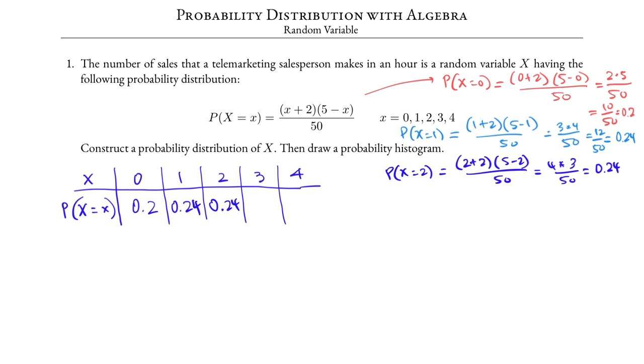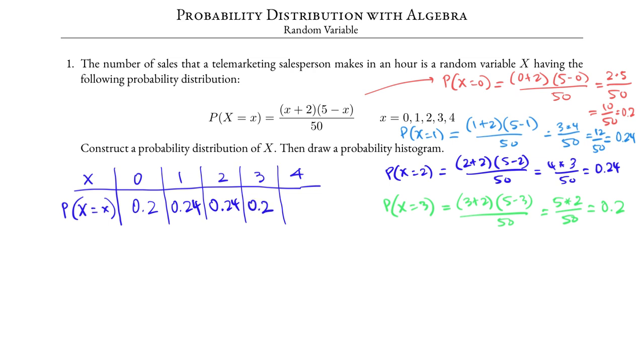0.24. When x equals 3, we have P of x equals 3 equals 3 plus 2 times 5 minus 3 over 50, because we replace x with 3. And this is 5 times 2 over 50, which is 10 over 50, or 0.2 when x equals 3.